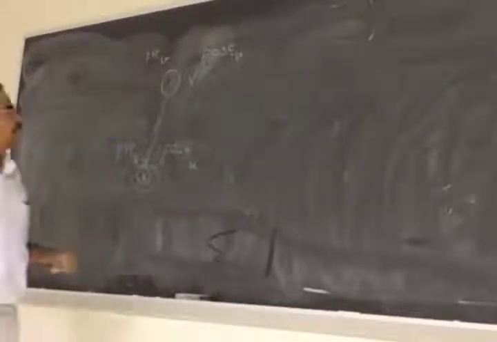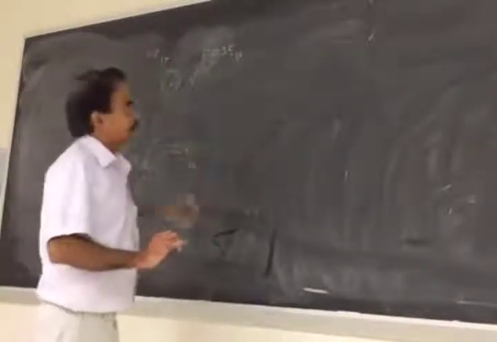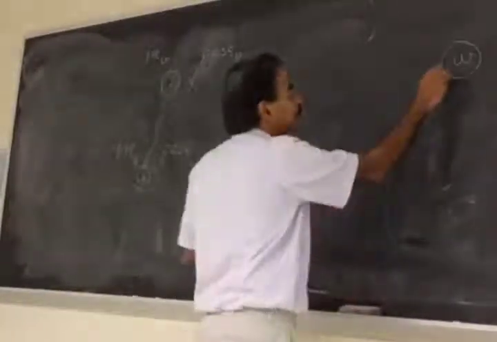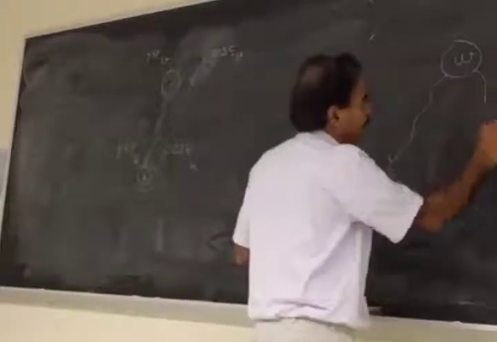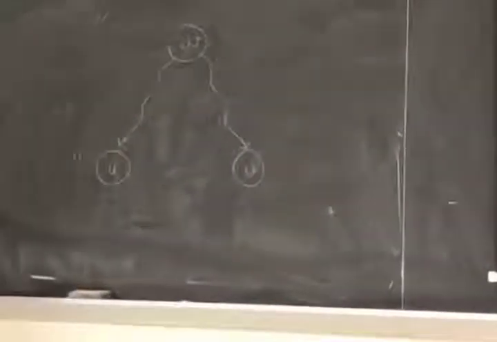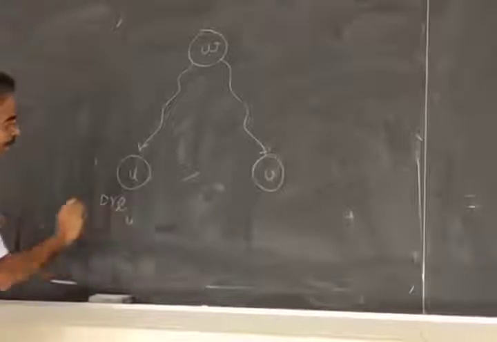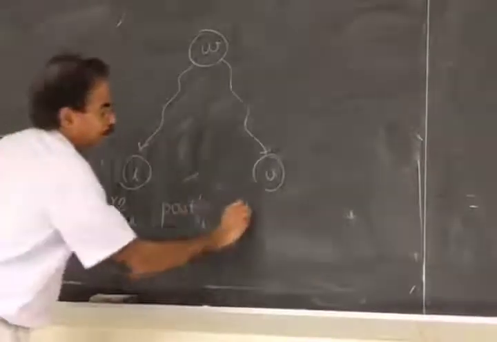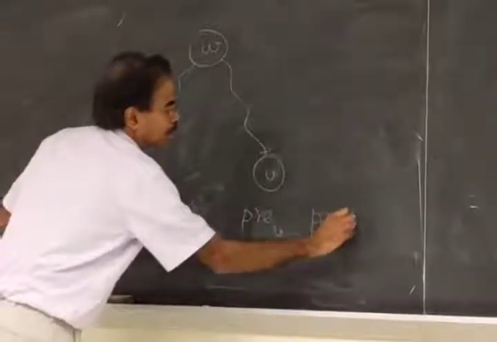If u and v happen to be unrelated, right? So let's say you consider another example where there is a w and u is here and v is here, right? So then what's going to happen is that pre-u, post-u, right?